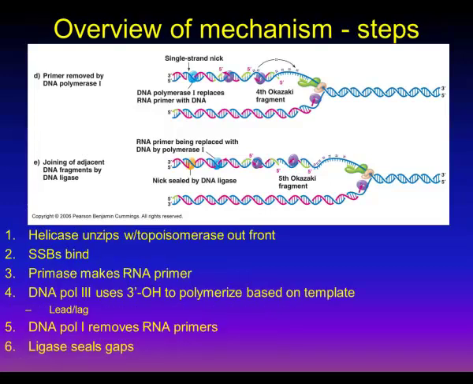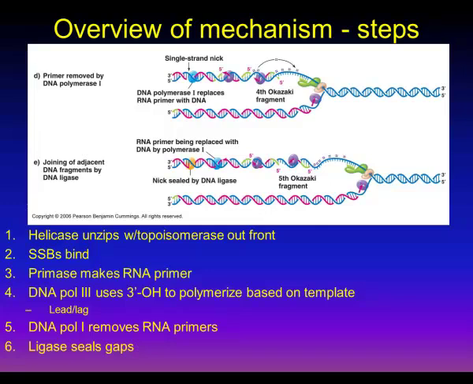With our understanding of the enzymes involved in the process, we're ready to turn our attention to an overview of the mechanism of DNA synthesis and all the steps that are involved. We're going to cover each of these in detail, so this is just meant to give you an overall introduction at this point. The first step occurs when helicase binds to the DNA and unzips a small region of it, forming what we call the replication fork.